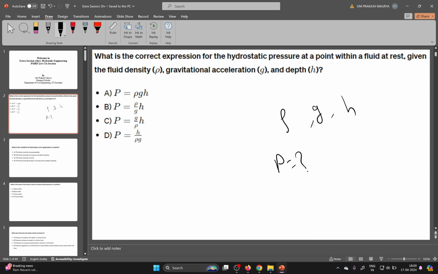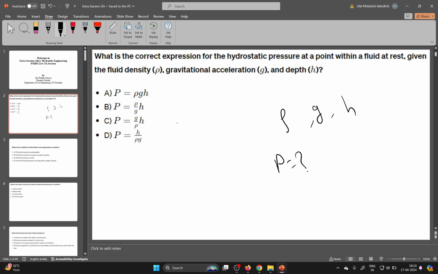Which option is correct? Please try to give the answer very quickly. Option A is P equal to rho ZH. Option B is rho H by Z. Option C is P equal to GH by rho, and option D is H by rho Z. Which option is correct?